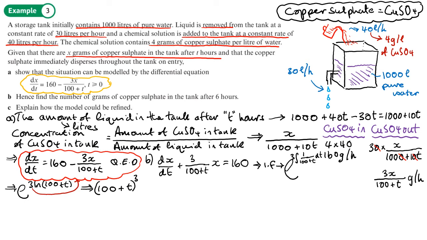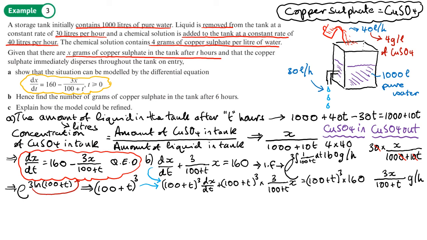So I'll now take every term of this and multiply it by the integrating factor. So that will give us 100 plus t all cubed dx/dt, plus 100 plus t all cubed times 3 over 100 plus t, x, equals 100 plus t all cubed times 160.